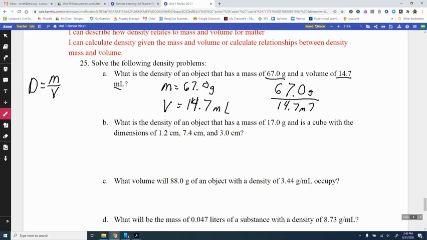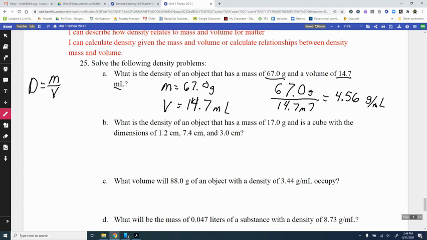We get 67 divided by 14.7, which is 4.56 grams per milliliter.